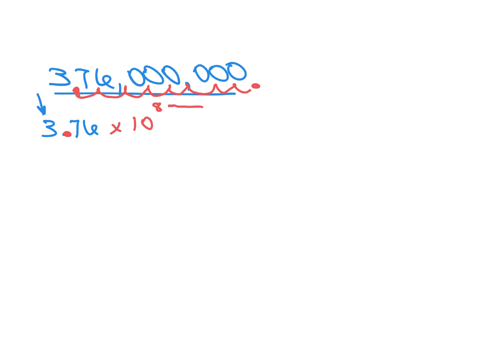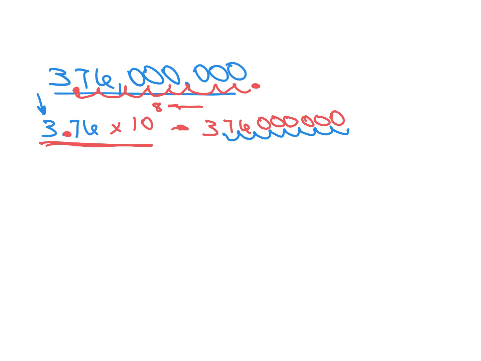All that 8 is for is to tell you how many place values we moved the decimal. So then when somebody reads this, they could actually go and say, oh, we moved that decimal 8 places, so let's put it back. So it was here, we moved it 1, 2, 3, 4, 5, 6, 7, 8.